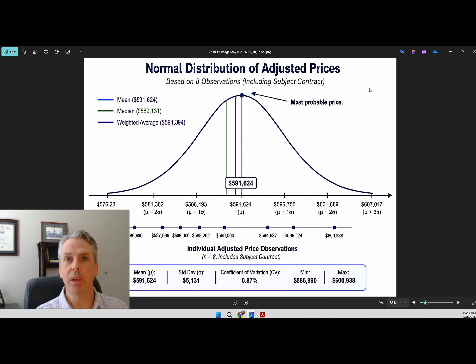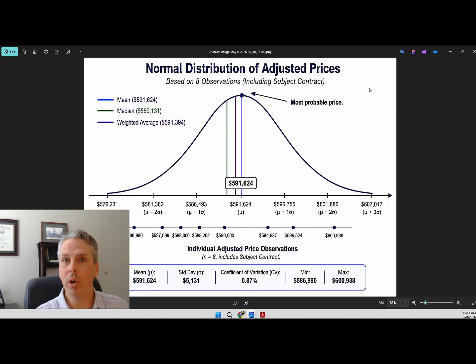The weighting should really at this point be based on, well, now that we see this distribution, we see this idea that if the subject property were to sell again and again, there are different prices. Well, what price would we expect to come up the most often? And that's where we want to look at the adjusted sales prices that really are most relevant, therefore, which are the ones most consistent with the central tendency of the distribution.